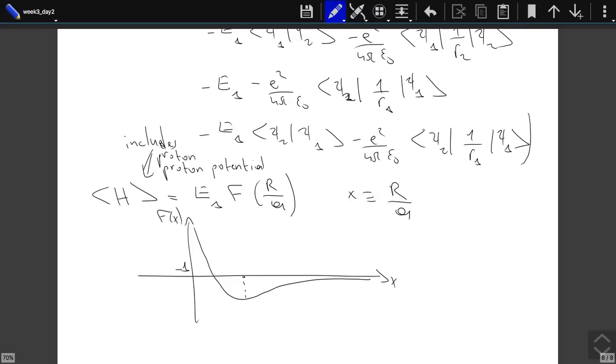Sure. Condensed matter physicists have all these sophisticated approximate solutions. But the basic idea is this one. You pick some physically relevant wave function with parameters, and minimize the expectation value of the Hamiltonian with respect to those parameters.